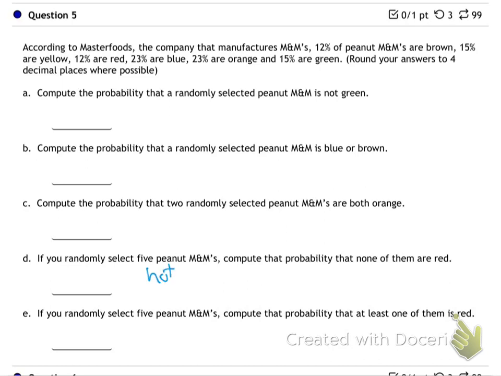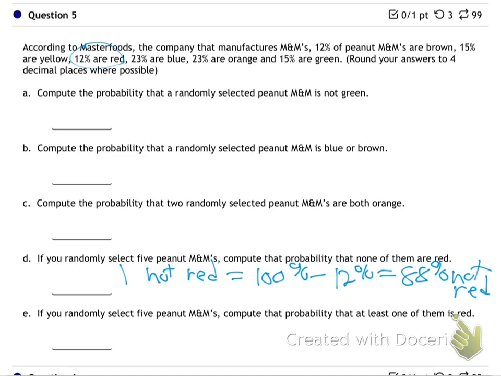Let me just do that first, for just one not being red, one at a time. If you just grab one and you want it to not be red, what's the chance of that? It's 100 minus the 12% in the bag that are red. That would be 88% not red. 88% of those peanut M&Ms are not red.